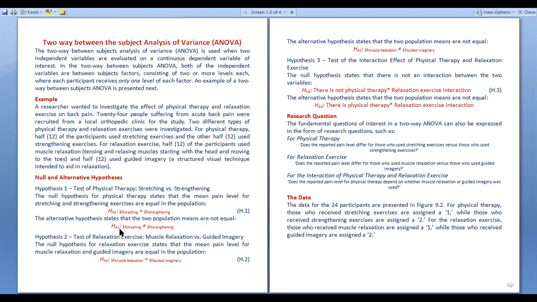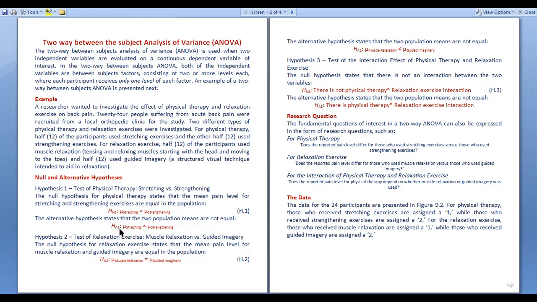One is muscle relaxation and the second is guided imagery. Here we are trying to see whether the relaxation exercises, muscle relaxation or guided imagery, have no significant differences as far as pain level is concerned, or have significant differences as far as the pain level of the patient is concerned.